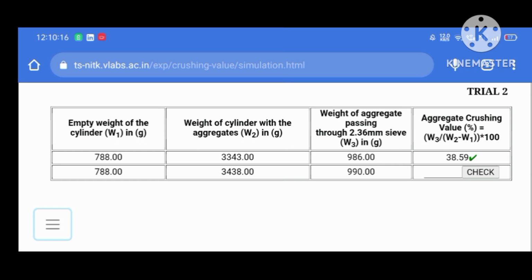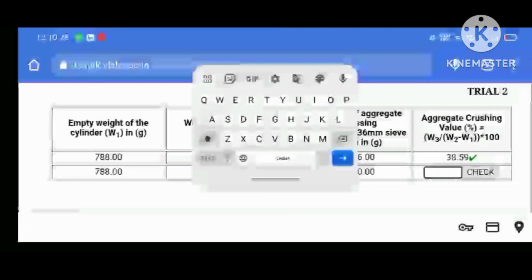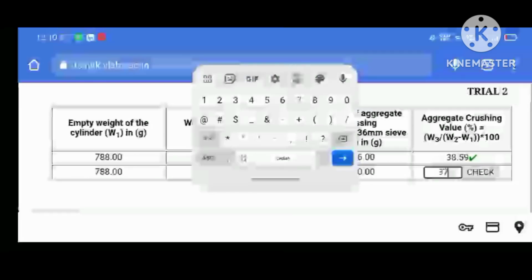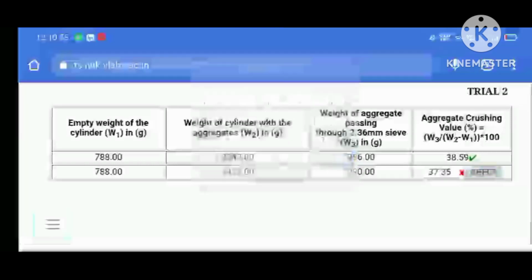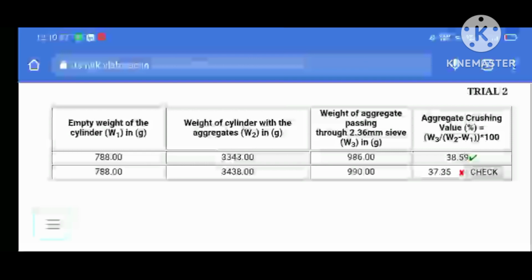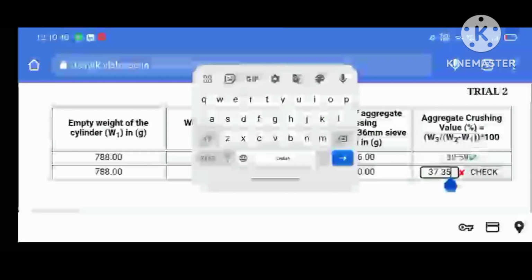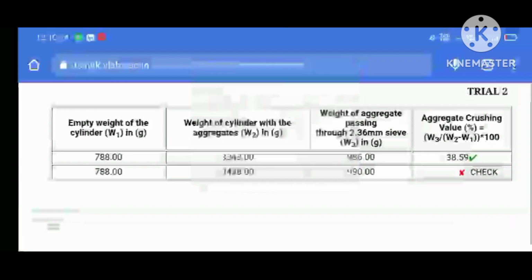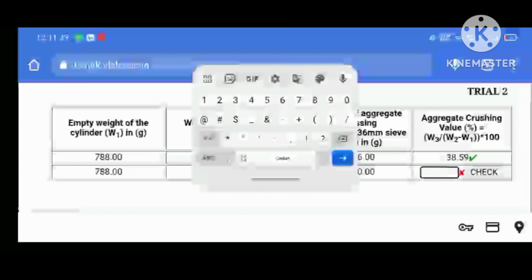Now I have almost completed this second trial and I am going through the calculation. I calculated the result as 37.35, so I am going to write 37.35 here. Okay, it is incorrect. Sorry, I have to write again. The result is 38.74.